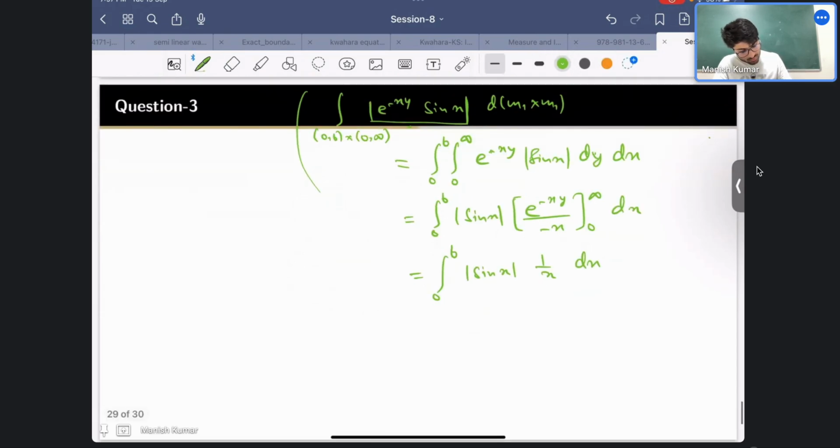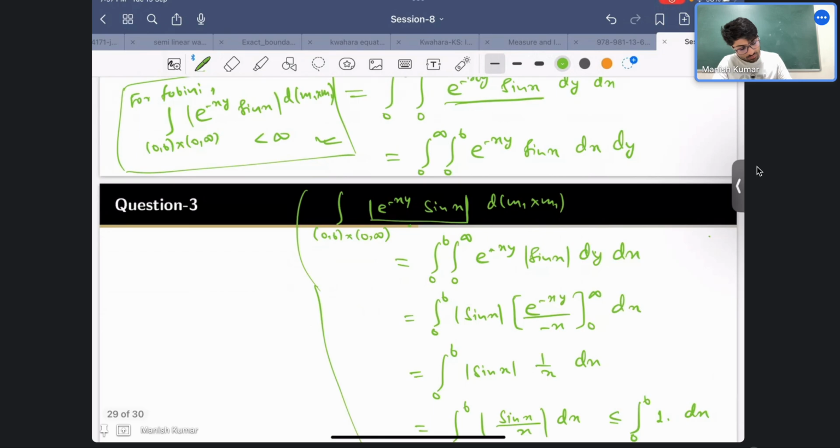So this is 0 to b mod sin x by x, right? So now you know that this is a bounded function. In fact, this is less than or equal to 1. So this is 0 to b of 1 dx, and this is b, which is finite, right?